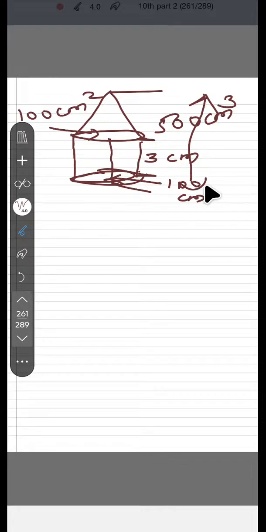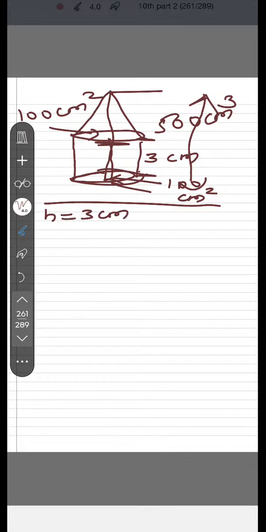We have to find out what the task is. We have to find out the height of that. Chalo, so here we will start. Very first thing, the height of a cylinder is given, so I am going to represent this one by 3 centimeter. Okay, area of base, so area is equal to 100 centimeter square.